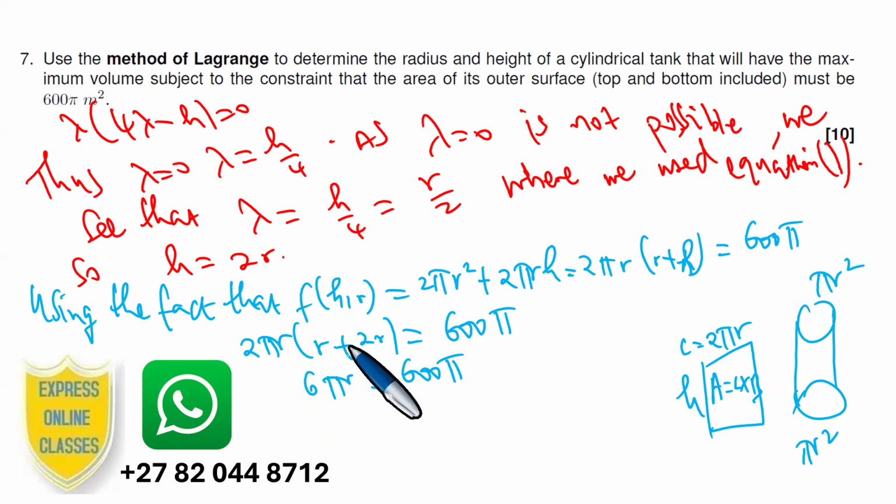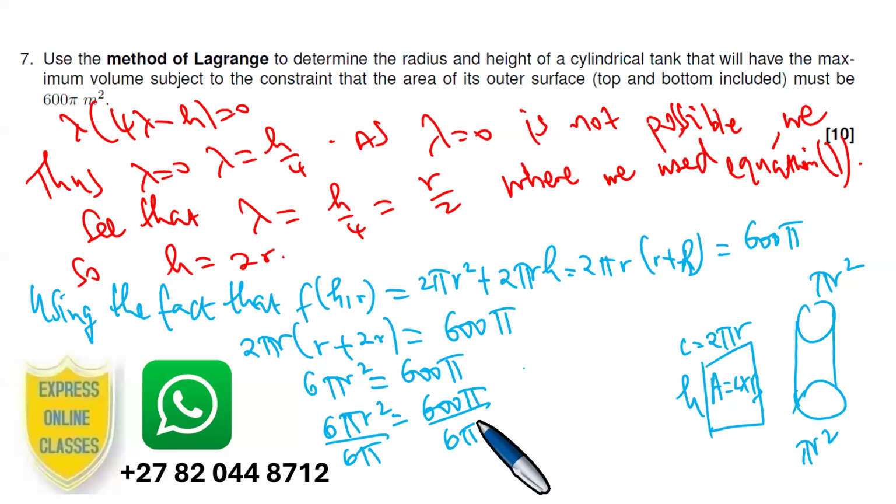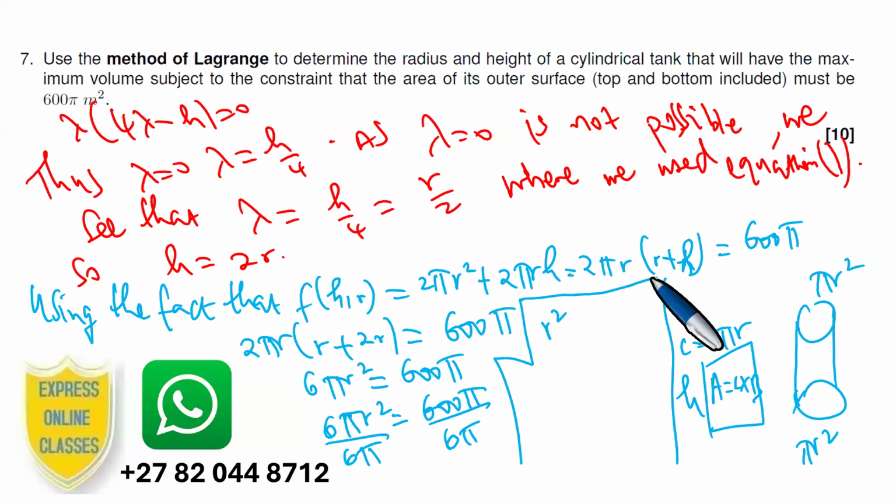Okay, so dealing with cylinders, we divide through by 6 pi. R squared is 600 pi, and then you divide by 6 pi, which means that it is exactly 100.